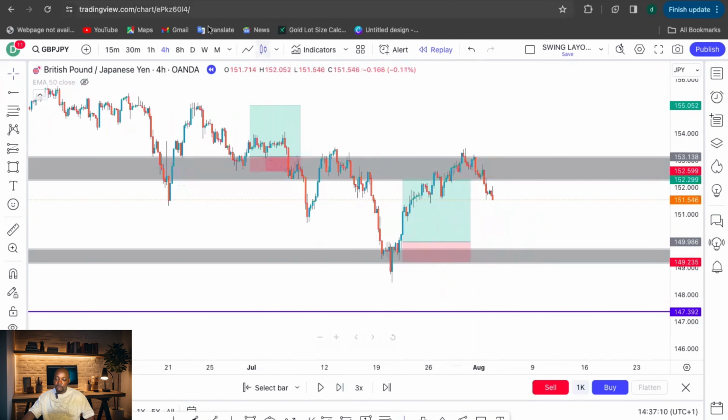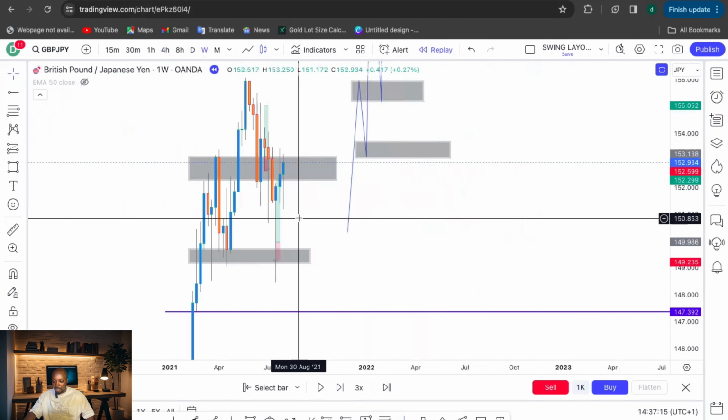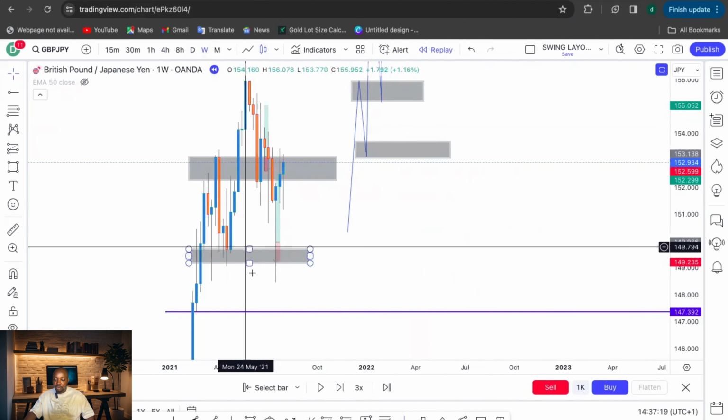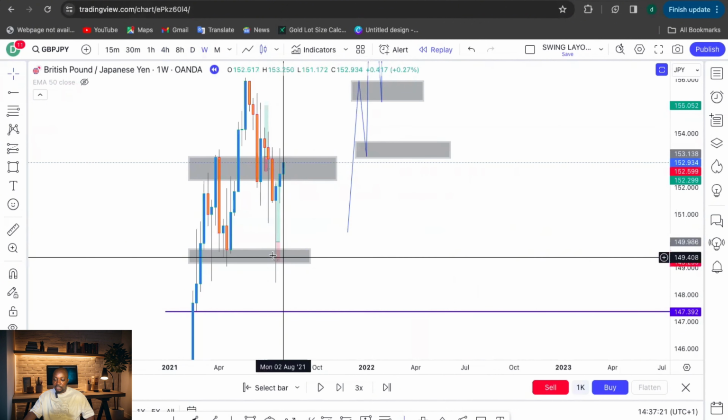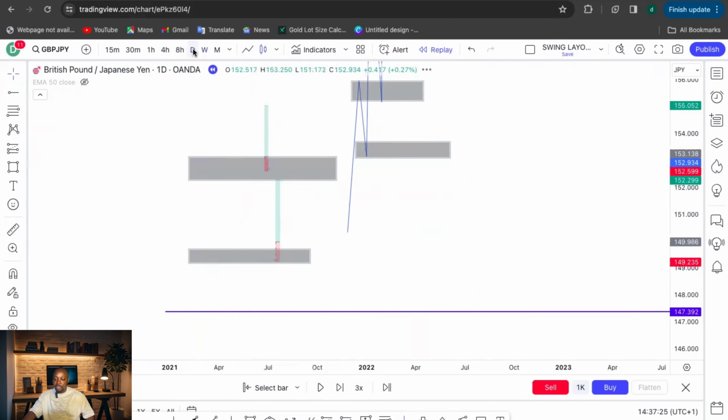Let's see what happens. Daily, weekly. On the weekly time frame, structurally, can you see that the market never took out these lows? It just came back here, retested this whole region, and pushed all the way to the upside.